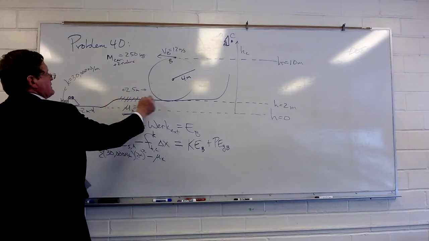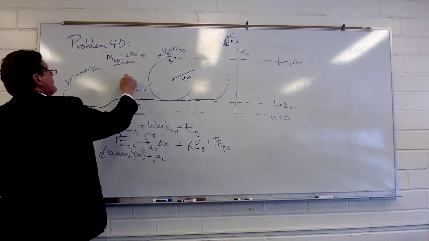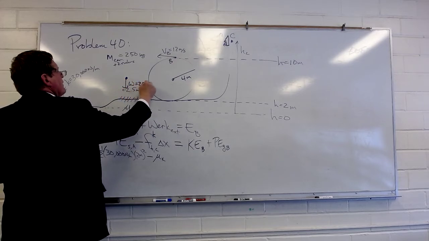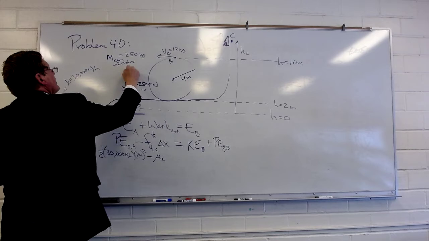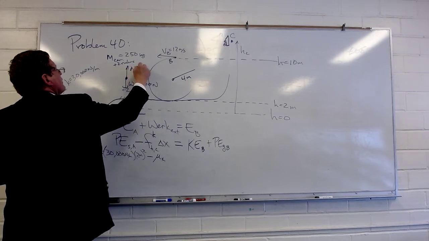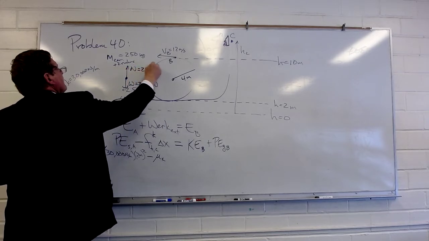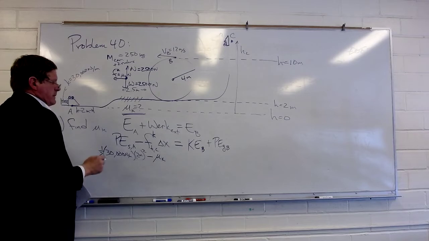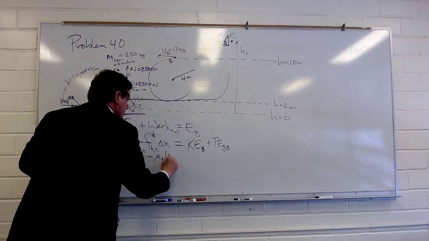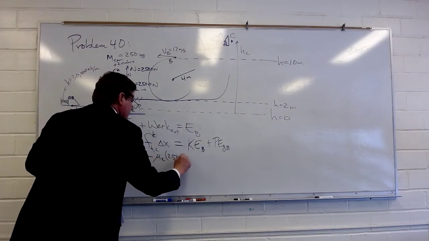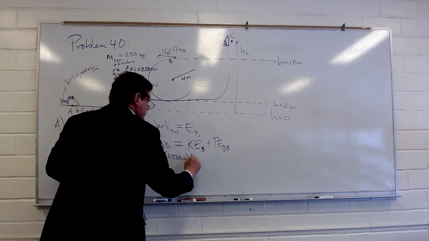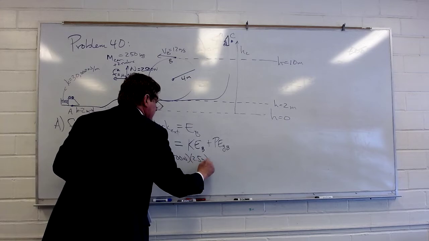Well, this is a flat section of the track, so a free body diagram is going to have a weight force of 2,500 newtons and a normal force also of 2,500 newtons. And then this friction force, which is going to be mu sub k times the normal force. So the normal force is going to be 2,500 newtons. The distance, this delta x here, is going to be 2.5 meters.